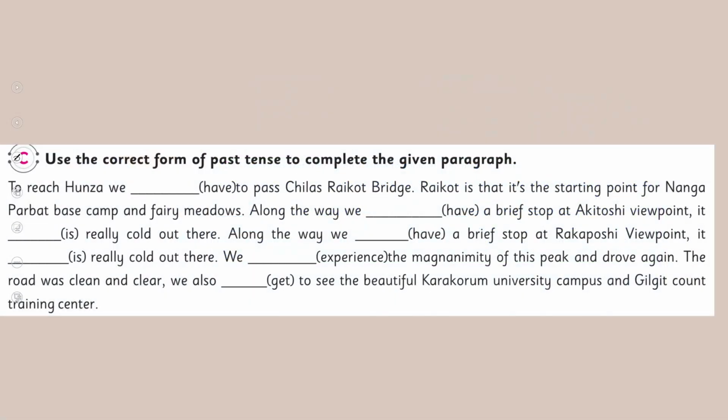Now here you can see an activity where you have to use the correct form of past tense to complete the given paragraph. Let's do the first one together, and then I leave the rest of them for you to solve, to enjoy the activity and do it by yourself. To reach Hunza, we have to. Now, how do we change this helping verb? Have.